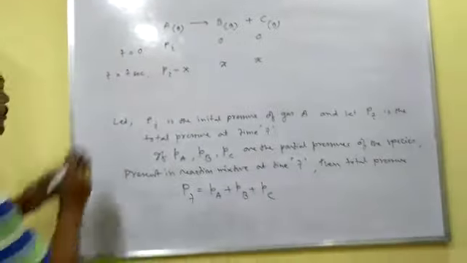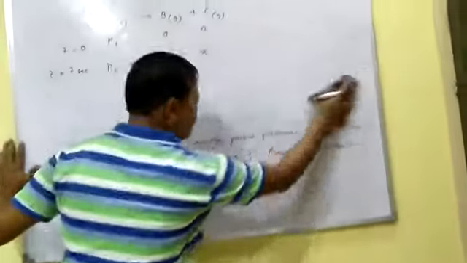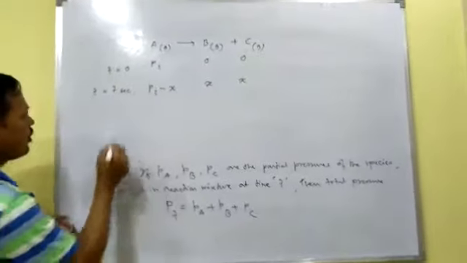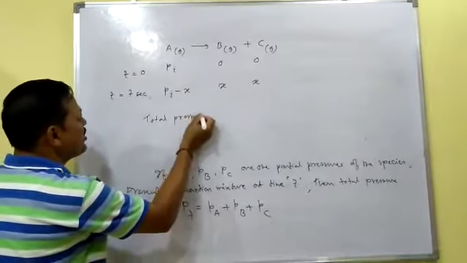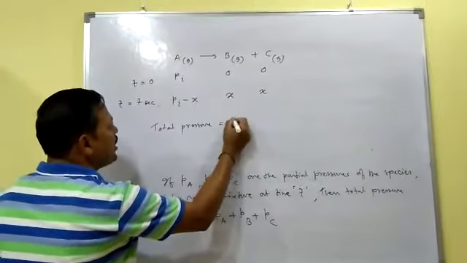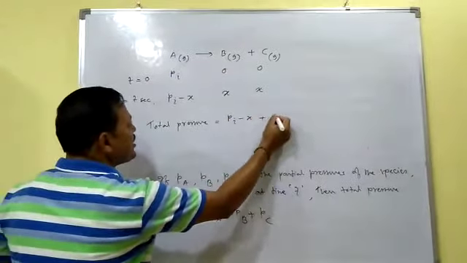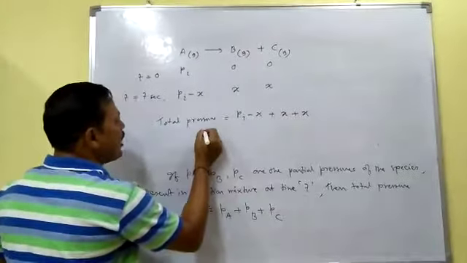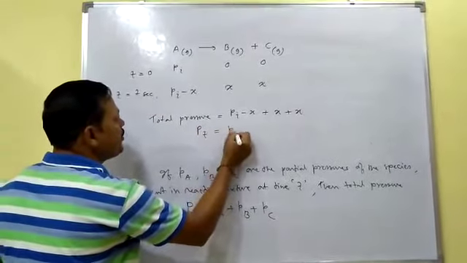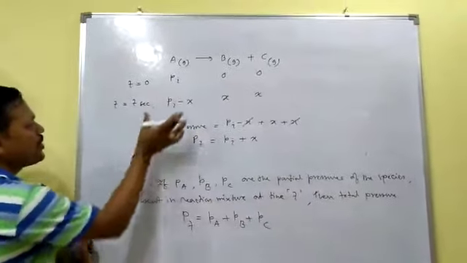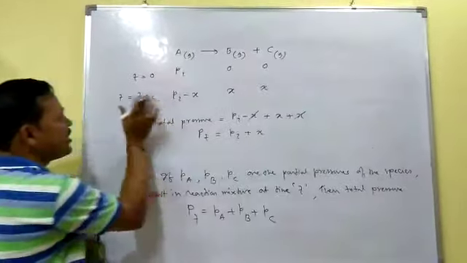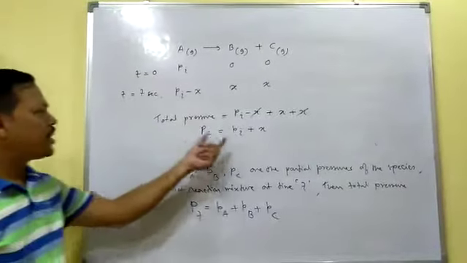So therefore, total pressure at time t: Pi minus X plus X plus X, I mean Pt is equal to Pi plus X, because one X will cancel.